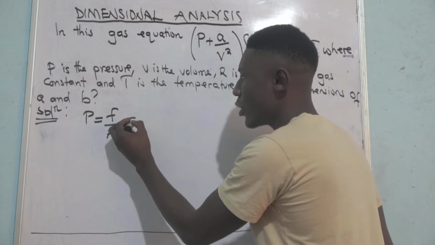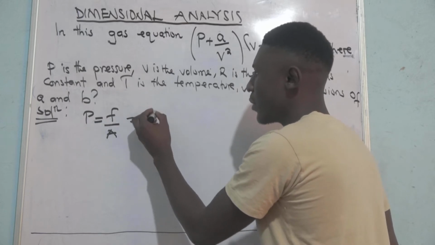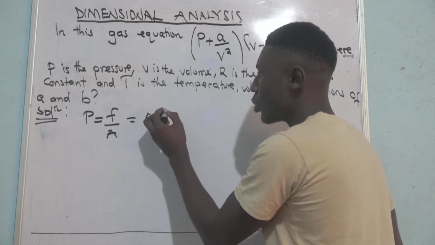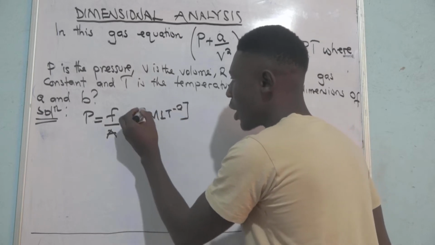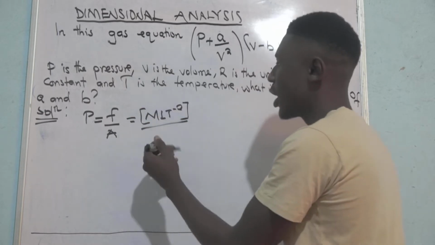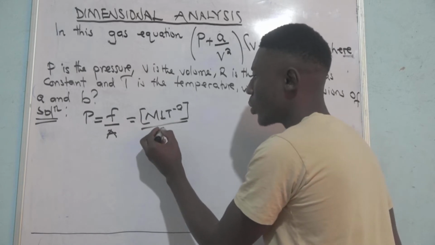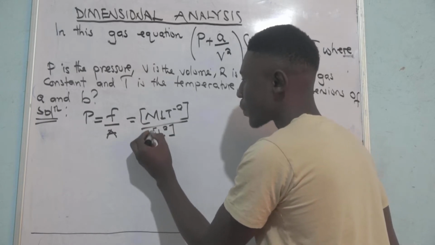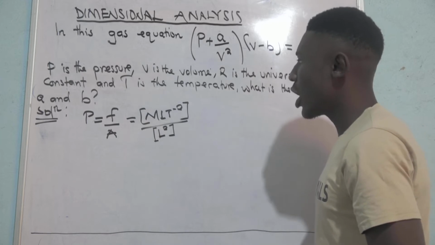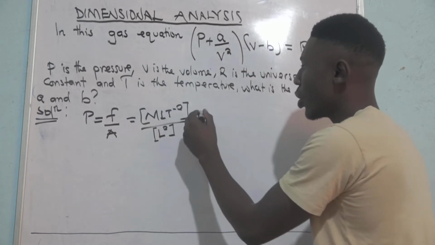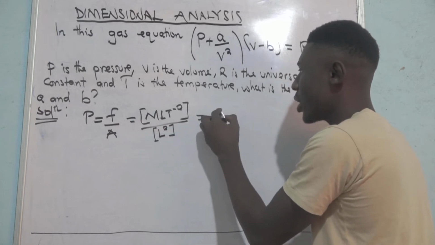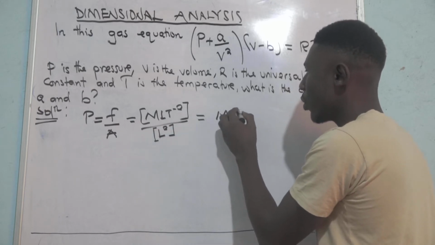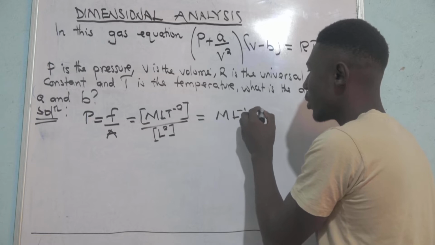Now what we know about force is that it has dimensions MLT to the power negative 2, and area has dimensions L squared. So the final answer for the dimensions of pressure is ML to the power negative 1 T to the power negative 2.